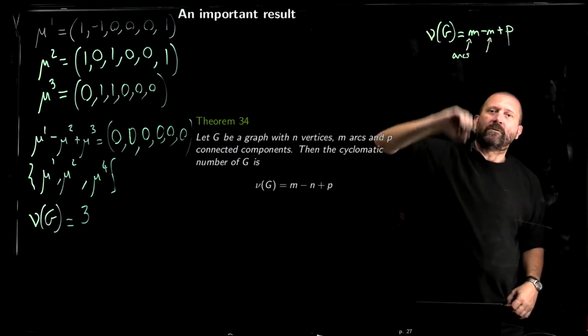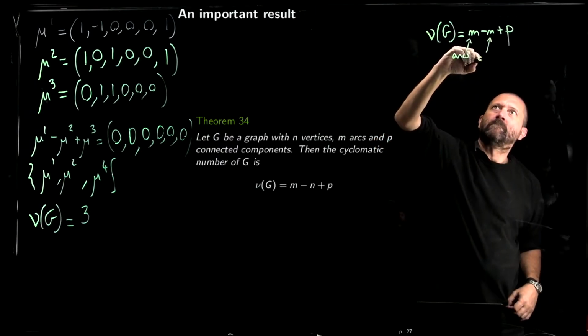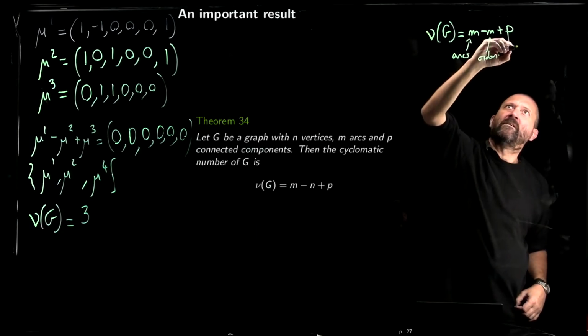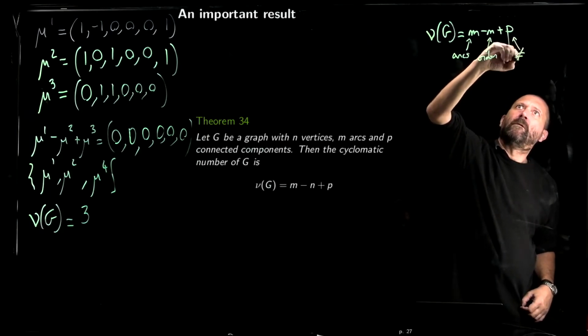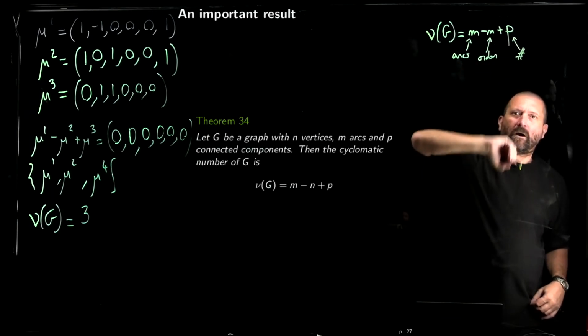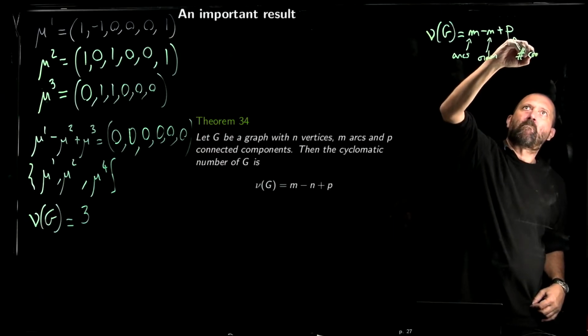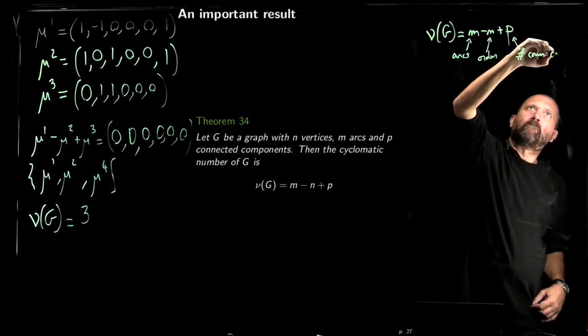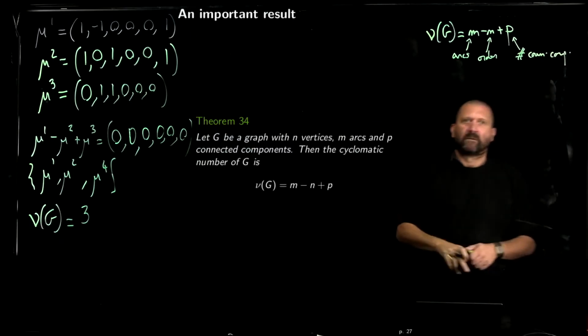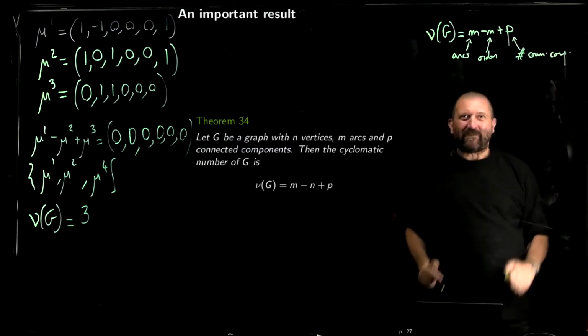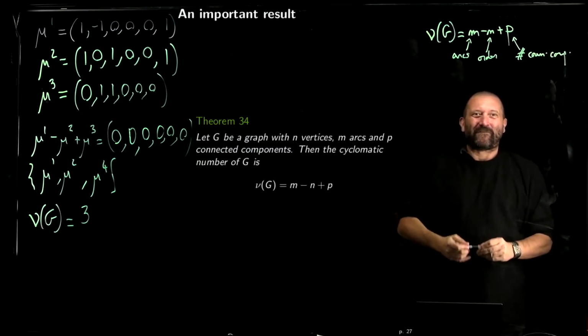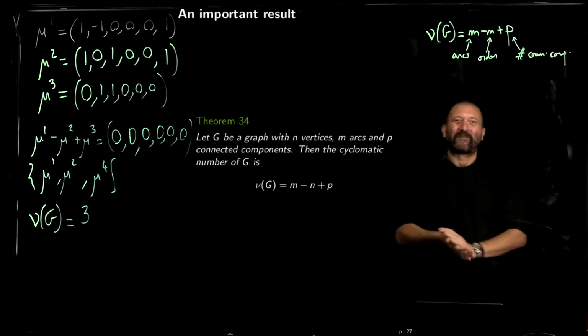This is the order, the number of vertices, and this is the number of connected components. Okay, and that fits right above my head, therefore I don't need to erase it until much later.